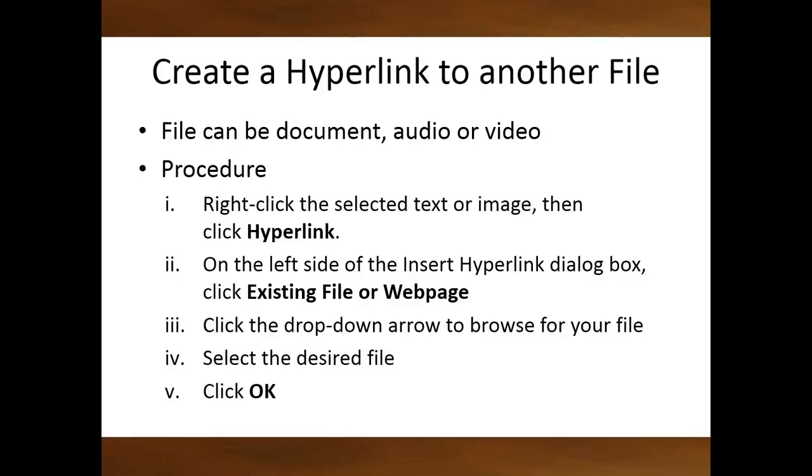3. Click the drop-down arrow to browse for your file. Then 4. Select the desired file, and then finally you click the OK button on the dialog box. Let us demonstrate this.